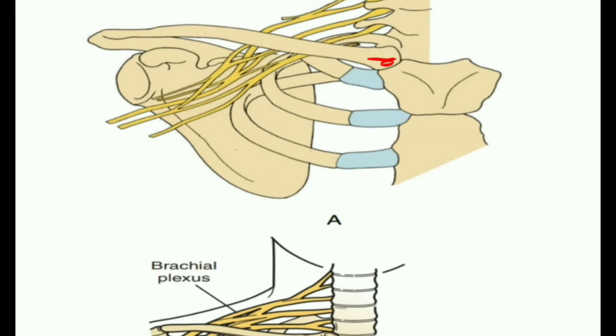Here you can see the anterior inferior part is articulated. The superior part, which is this one, and the posterior part are left over. Behind this is left over.